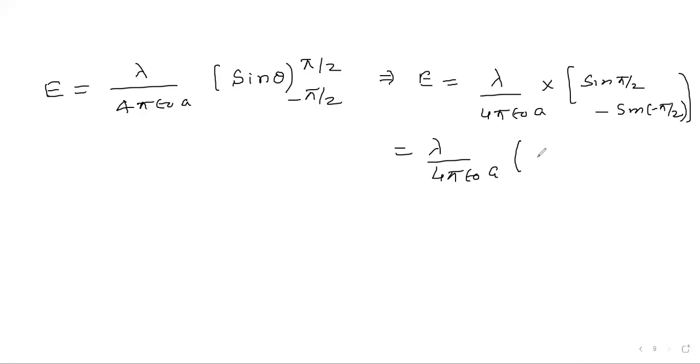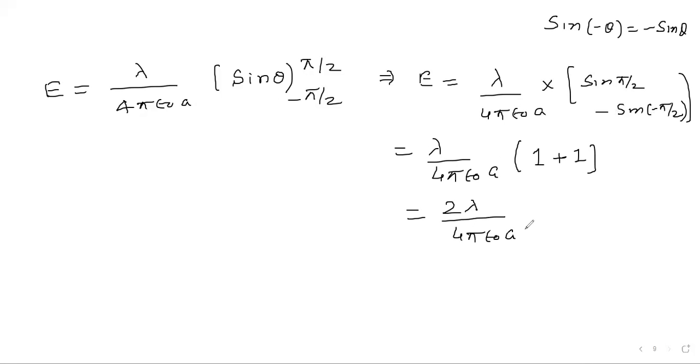Sine pi by 2 is 1 minus sine minus theta gives minus sine theta. So from here this will become plus 1. So 2 lambda divided by 4 pi epsilon naught a, which is equal to lambda upon 2 pi epsilon naught a, which is our answer.